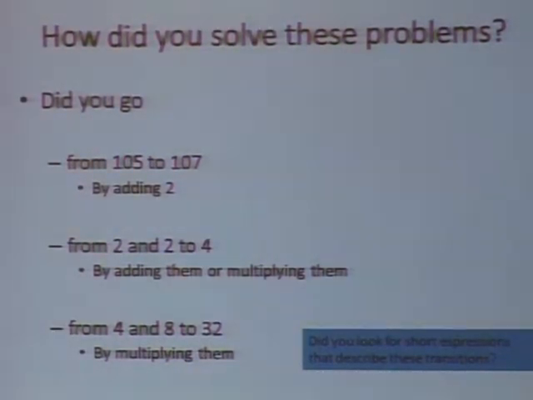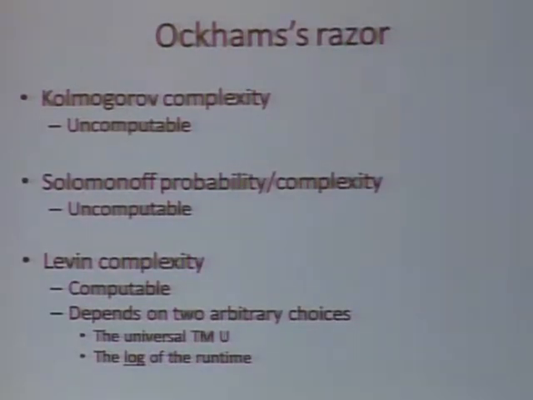Okay, so what were we doing here? Maybe we were looking for short expressions that would explain the next number, describe the transitions. And if we're doing that, we're using some version of Ockham's razor. And there are many formal complexity measures that in some way capture versions of Ockham's razor.